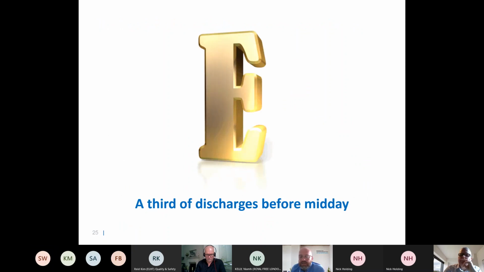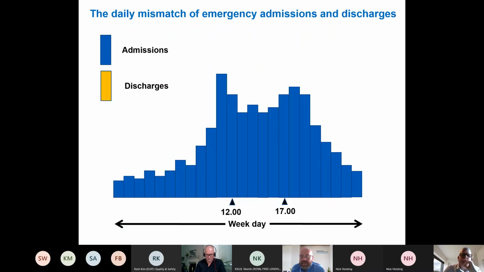The ask then is around a third of discharges happening before midday, and it's really important to point out this is a third of the required number of discharges. So we'd really advocate that you know what your medical take is on a typical day, and that will typically be within, if you look at the last 6 weeks, it's Friday today, if your last 6 weeks average is, say, 50 admissions, you will not be far off if you work on a projection of 50 today, unless there is something unexpected happening.